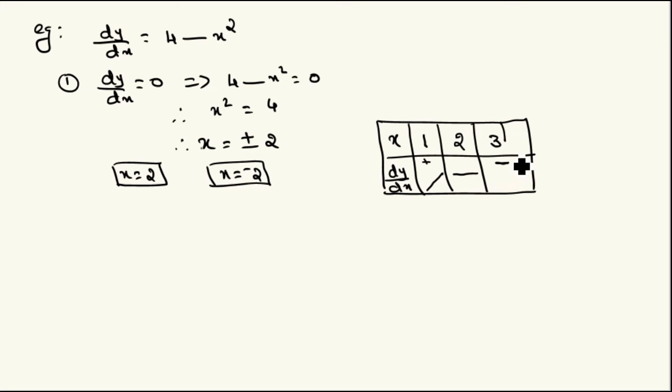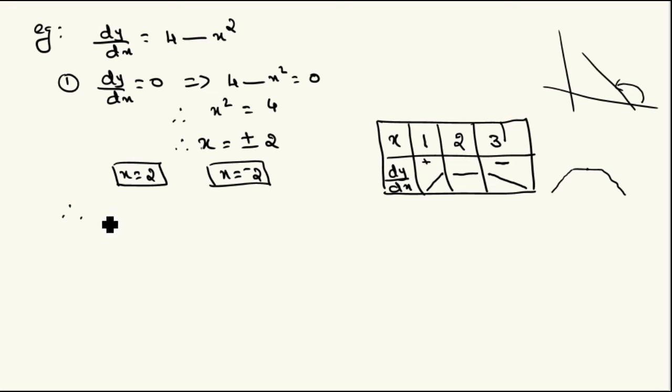So the tangent is making an obtuse angle, so we will draw a line like this, because we know that the tangent making an obtuse angle like this is negative. So you get a shape like this. This shows that it is concave down. So this point is a maxima.